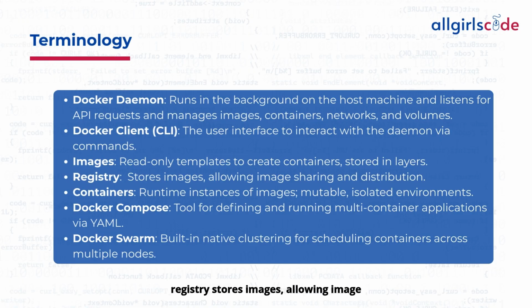The registry stores images, allowing image sharing and distribution. And containers are runtime instances of images. They're mutable, isolated environments. Docker Compose is a tool for defining and running multi-container applications, while Docker Swarm is a built-in native clustering for scheduling containers across multiple nodes.